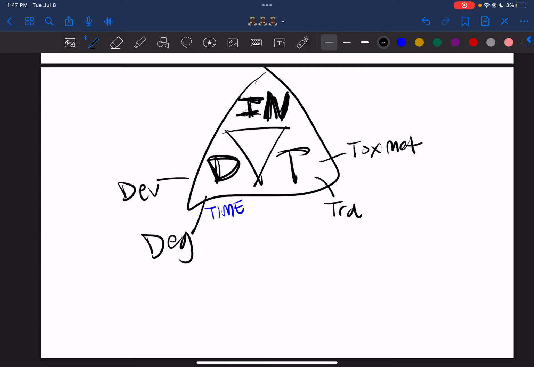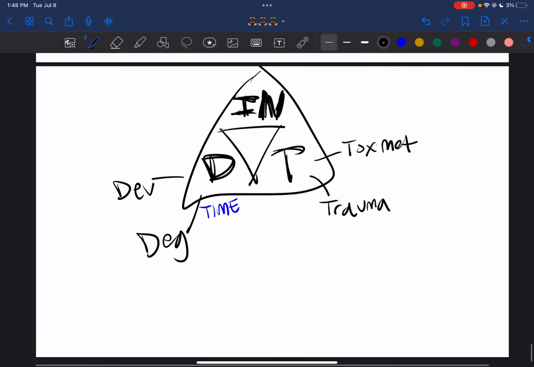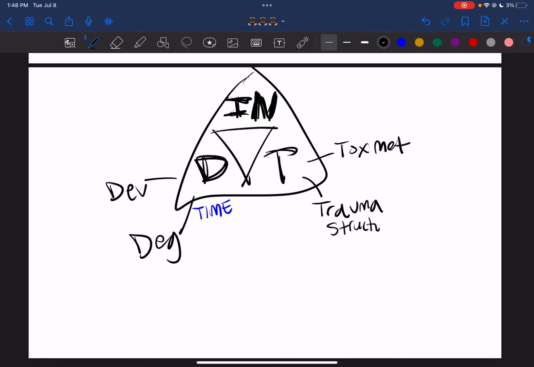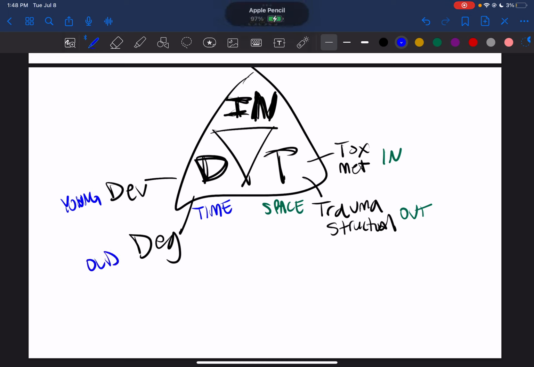Traumatic, on the other hand, is about physical damage that you take from outside the body. I like to say traumatic structural, because that's also physical things, even if it's not outside the body. But the main point is inside versus outside. So this is about space. The T couple is about space, whereas the D couple is about time. Young versus old. Babies versus elderly.